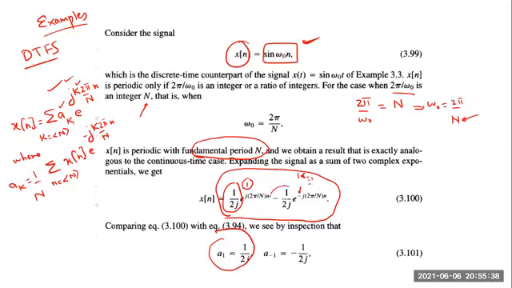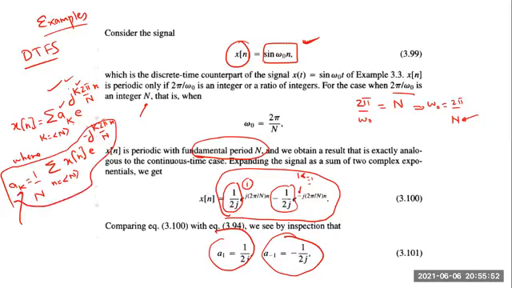As a result, this particular coefficient is a minus 1. So in this example, which is a very simple example, we don't need to make use of this particular equation to find ak. We can directly represent this using Euler's relationship, and then we can easily identify that this particular signal has two coefficients, a1 and a minus 1.